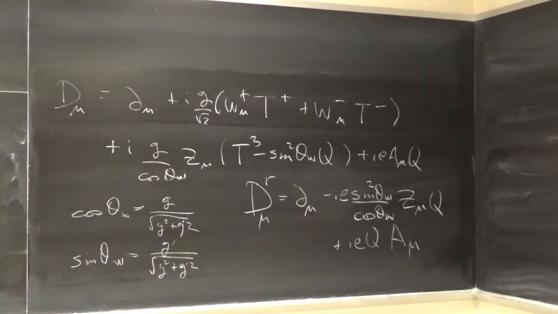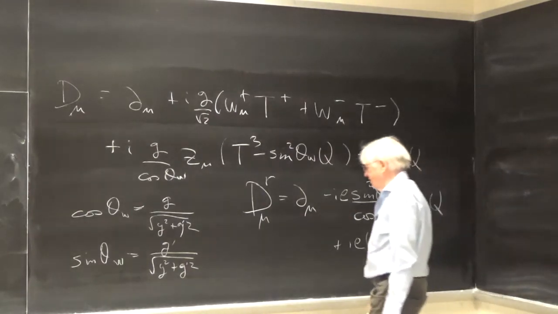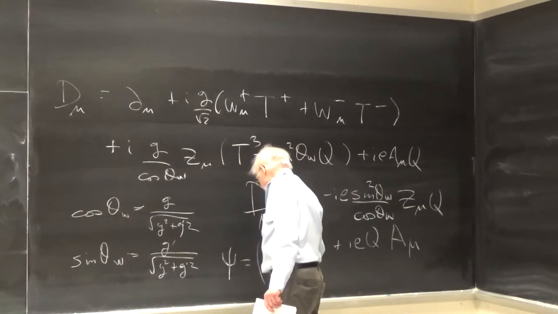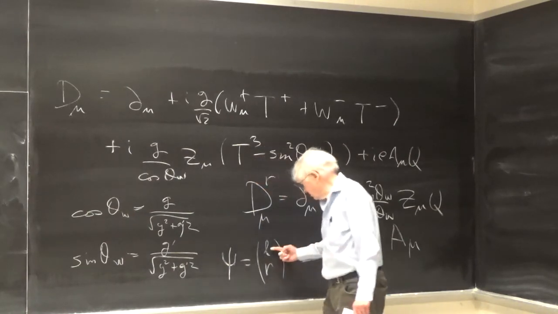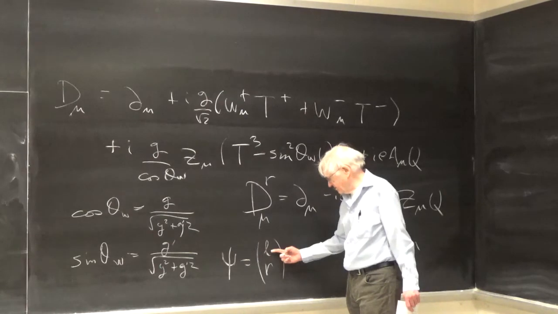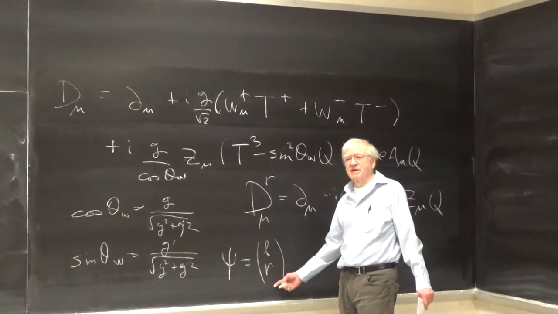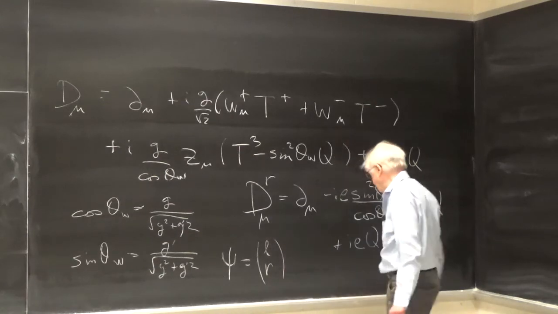So on right-handed fields, remember, any field, quark or lepton, is effectively two left-handed fields and two right-handed fields. When I say two, I mean this is altogether a Dirac spinor with 4 components.